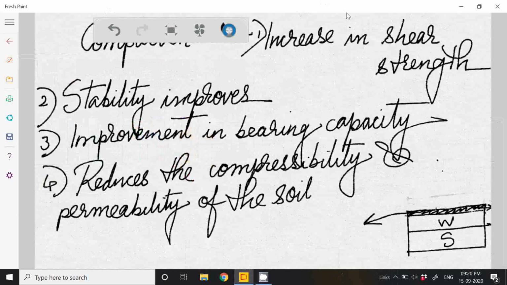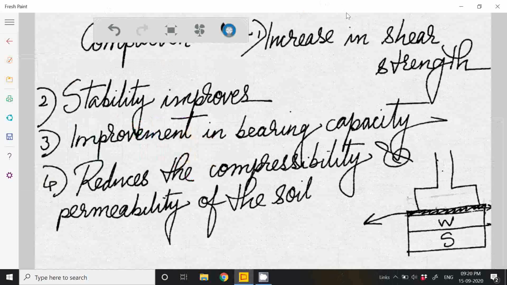So more compressibility will not happen in the future. That is good, isn't it? If there is some load over it, the soil will not undergo much volume change. The soil will not shrink much.